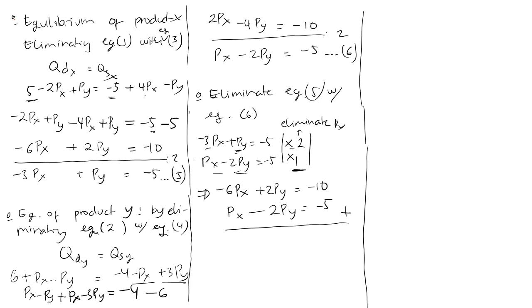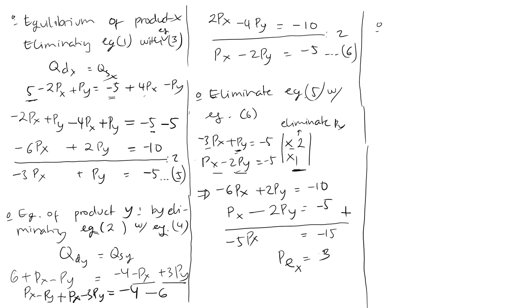So minus 6Px plus Px is minus 5Px, plus 2Py minus 2Py is 0. So Py is eliminated. Minus 10 minus 5 is minus 15. Then Px is minus 15 divided by minus 5, which is 3. So now we call that PEx, the equilibrium price of X.